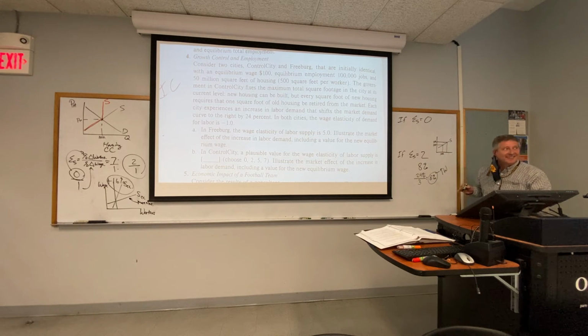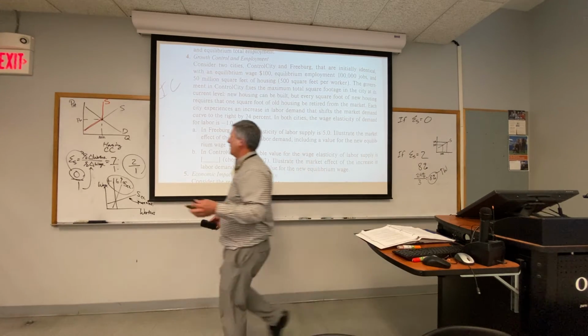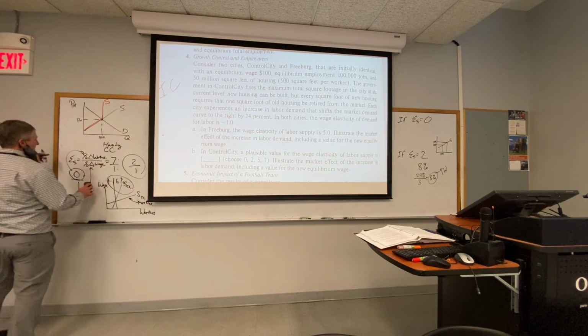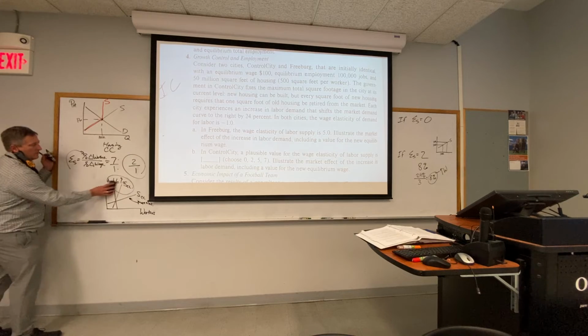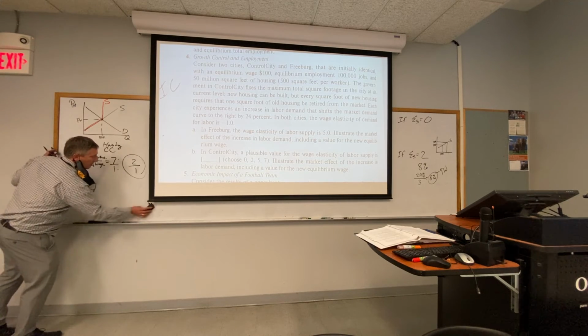Sweet. Okay, and how'd you get that? Math. I don't know, ask him. How'd you get that? So I used his equation, which was percent change in quantity equals 2, the elasticity, times 8, the percent change in wage, so that equals 16.